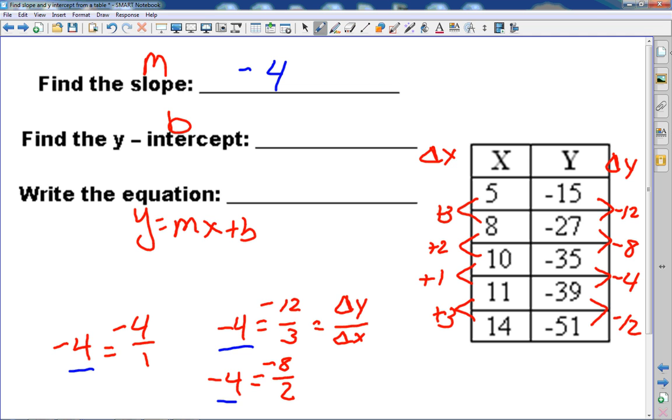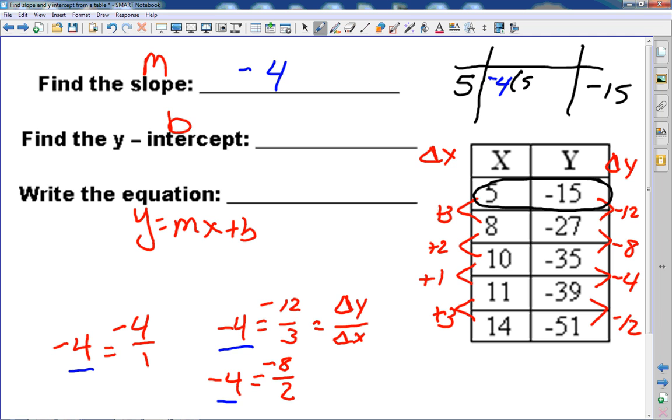Now to find my y-intercept, I'm going to go up here. I'm going to build a table. It doesn't matter which point you use. I'll use this one right here, which is 5, -15. Then I put in there my slope, -4, and I take that times 5. Now when you multiply those two together, you get -20.